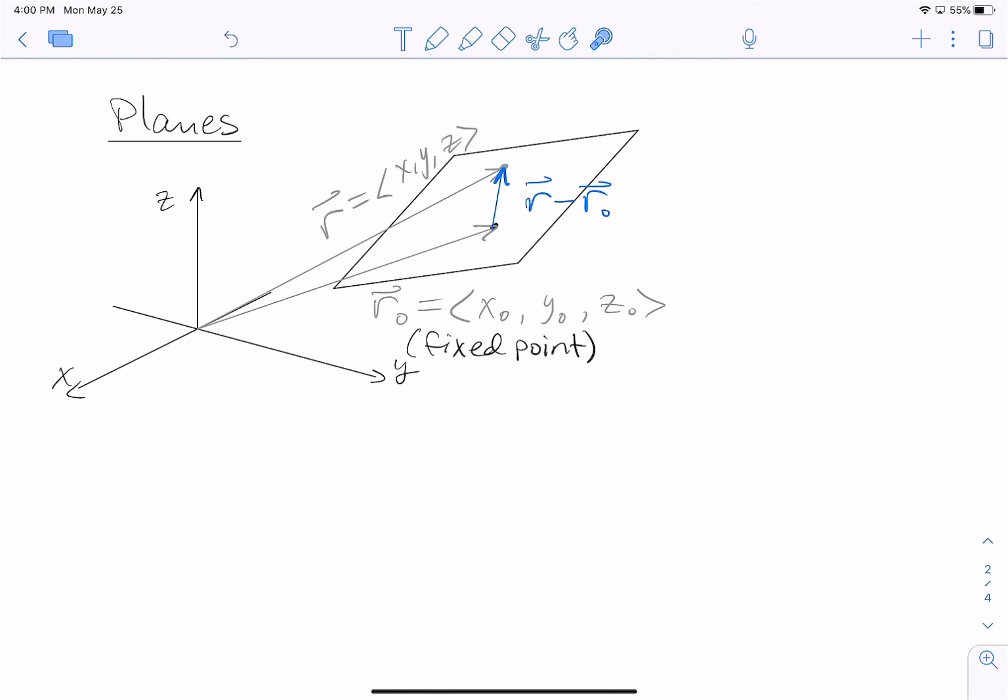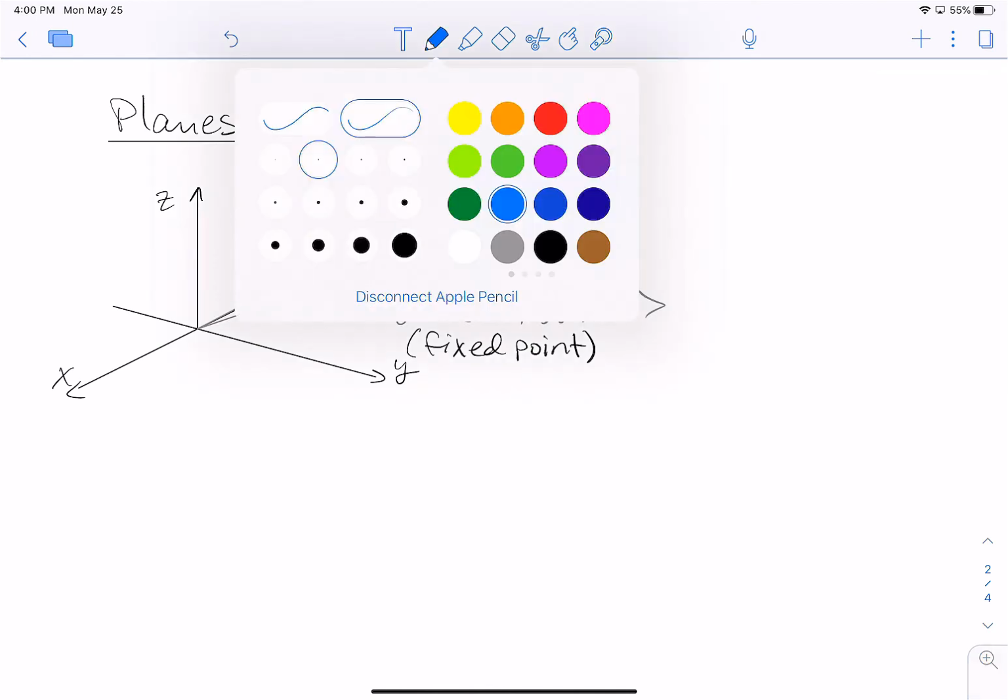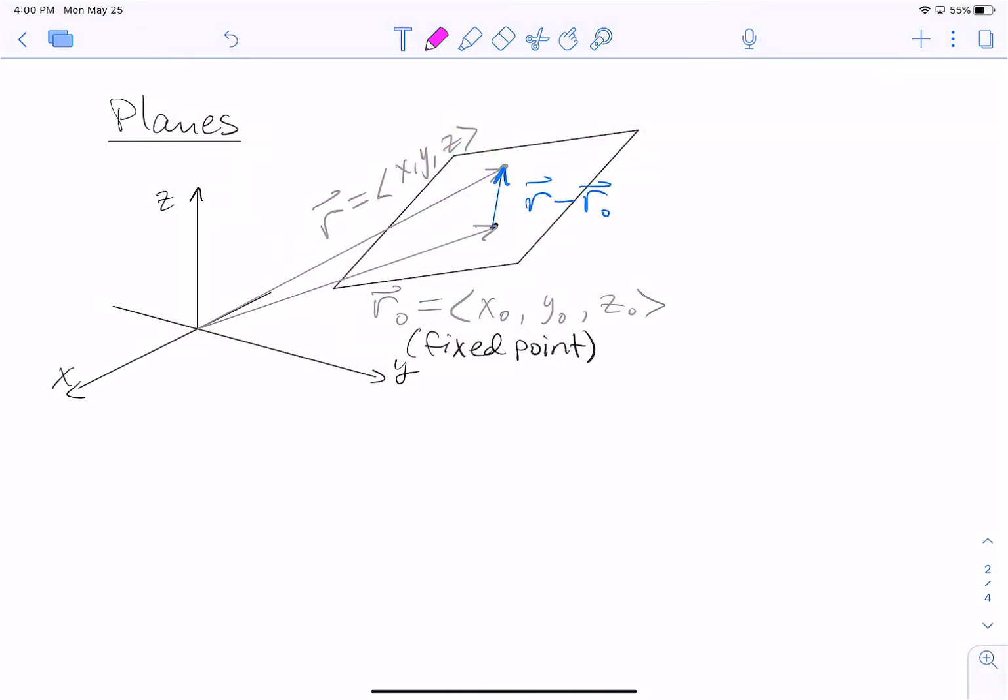What does this have to do with the direction for a plane? It turns out that while I can't express the direction using a single line within the plane, I can express the direction using a single vector that is orthogonal to the plane.